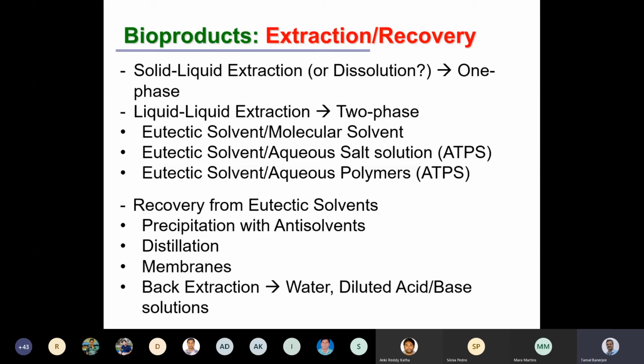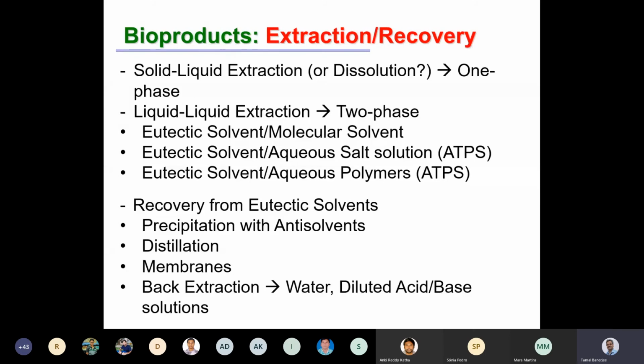So you can make a eutectic solvent with an aqueous salt solution. For the salt, maybe you can use an ionic liquid here, or polymers, an aqueous polymer solution, or you can use liquid polymers too.